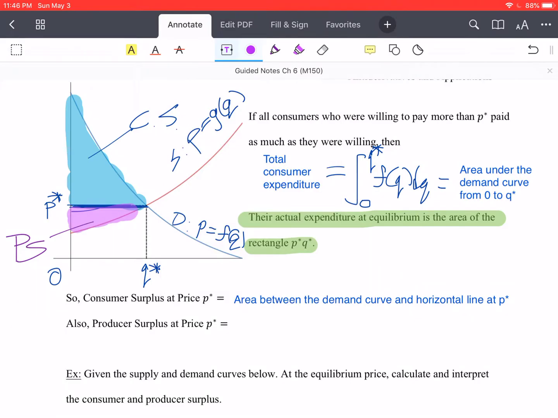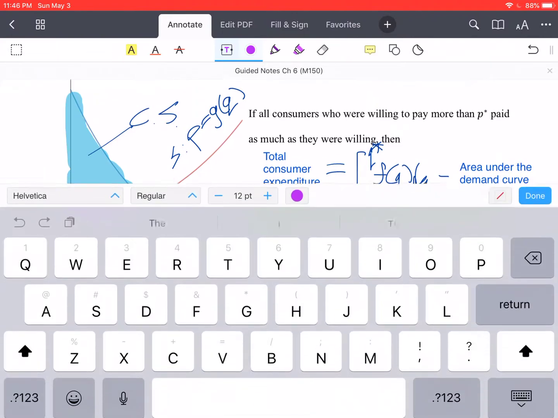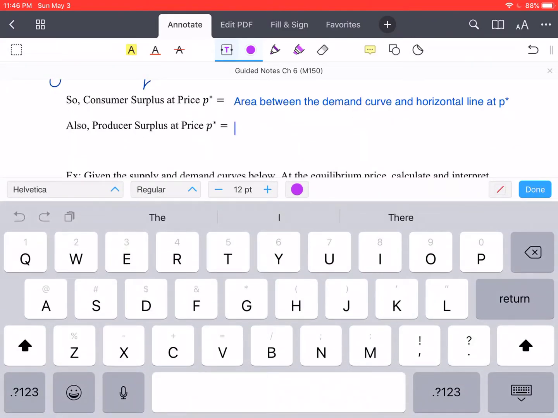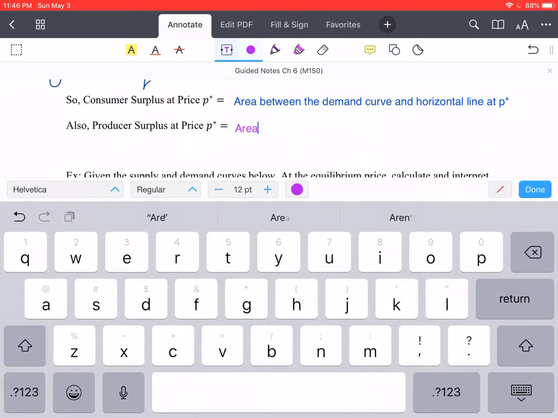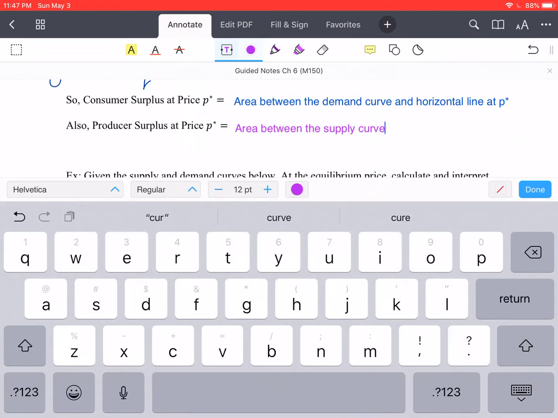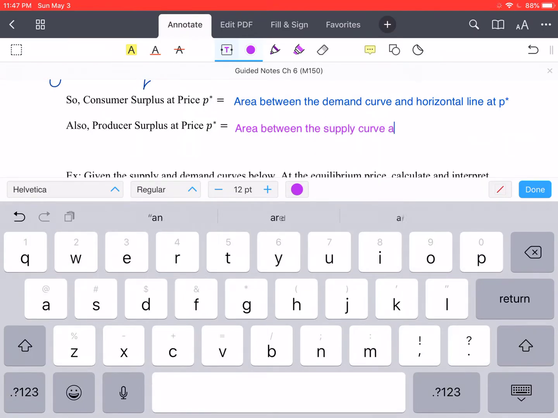So when we're looking at producer surplus at the price P star, this is the area between the supply curve and the horizontal line at P star.